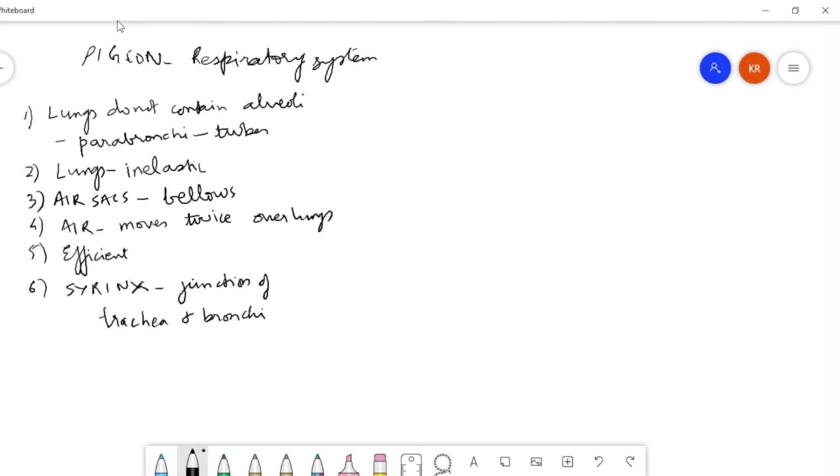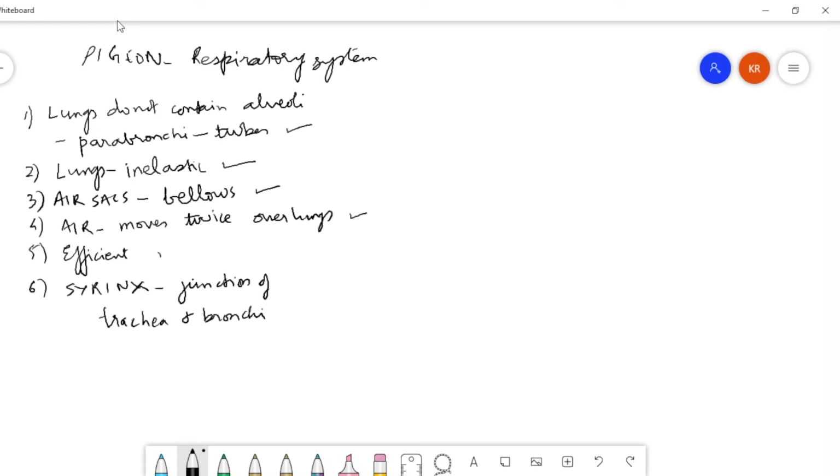So these are the different features. The lungs are made of parabronchi. The lungs are inelastic, that means not elastic. They are connected to air sacs which work like bellows. Air moves twice over the lungs.